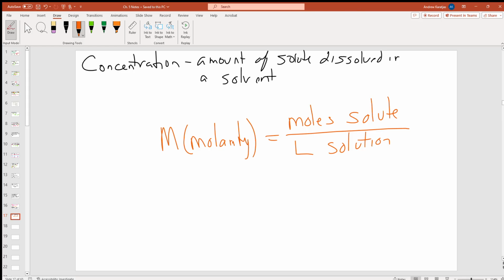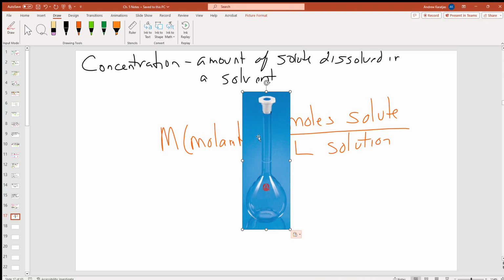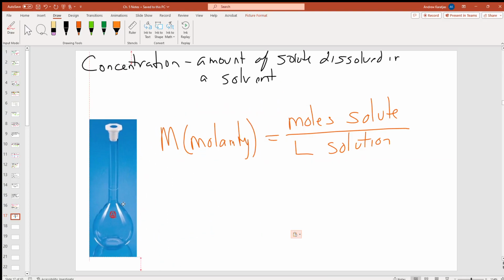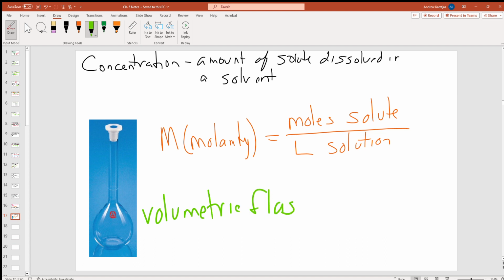So when we're doing this, we usually use a special piece of glassware. And that's what we've pictured here. This is known as a volumetric flask. And volumetric flasks have only a single measurement on it.